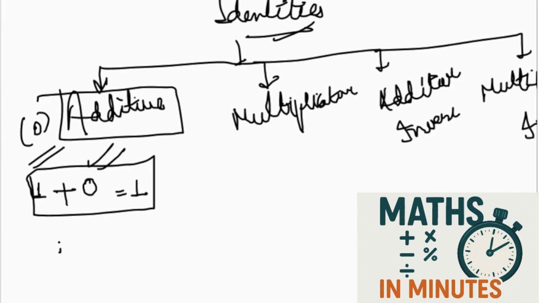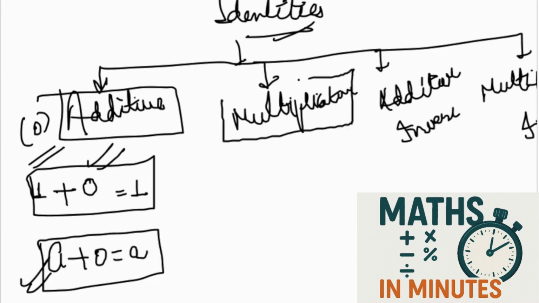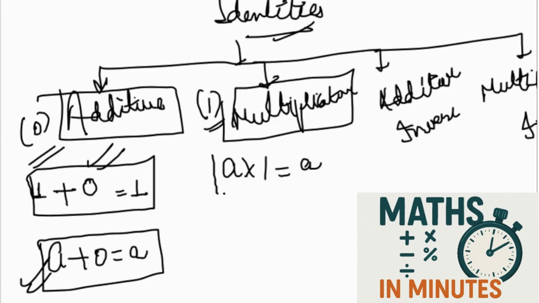Now we will move to multiplicative identity, and multiplicative identity we call 1. 1 is known as multiplicative identity. So basically, multiplicative identity says that when we multiply a number with 1, we will get the same number.